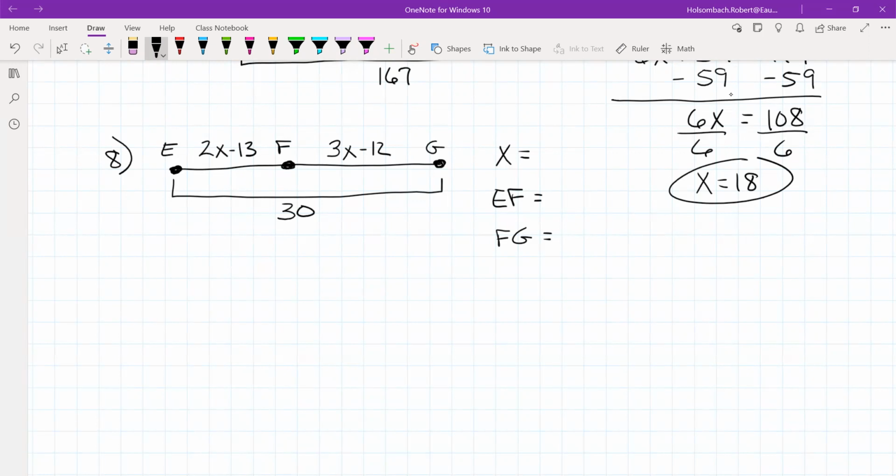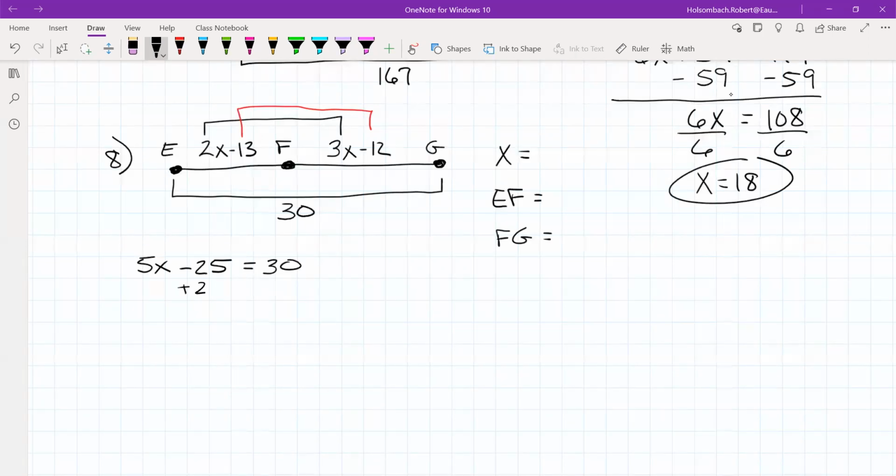So we got a 2x minus 13. So we combine the x's. So our 2x and our 3x is 5x. We combine the whole numbers. Our negative 13 plus our negative 12 is negative 25. And that sum is equal to the entire piece, which is 30.